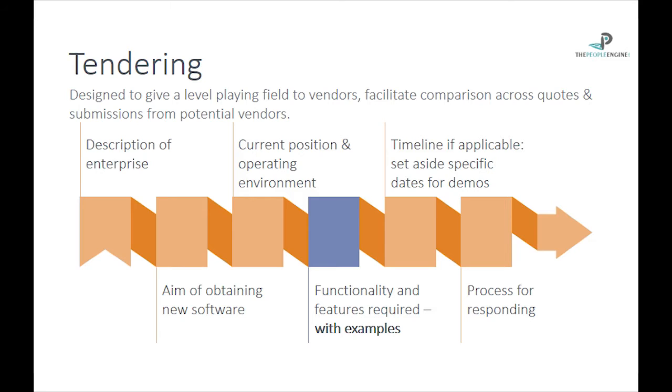And one thing I would say about tendering is it should give a very fair process, but the problem can sometimes be that the rigidity of your tendering process and the criteria that you're measuring them against may actually tend to eliminate a lot of choice.